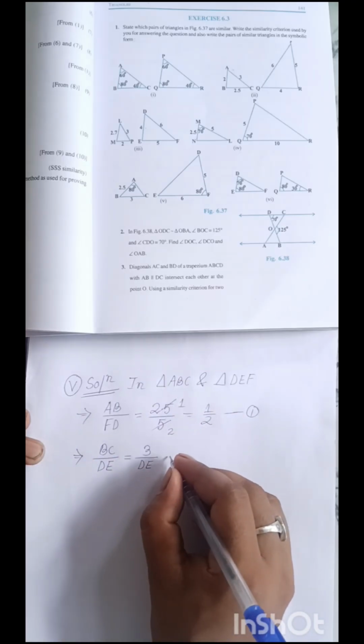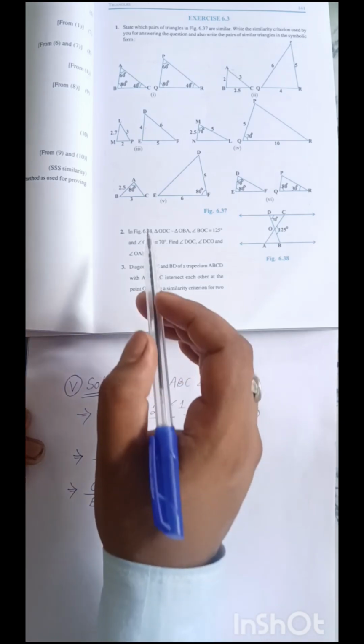The DE value is not given in this figure, so write it as it is. Give this equation number 2. Now CA by EF. We don't know the value of CA, so write CA as it is, by EF. EF means 6, so write here 6. Give this equation number 3.